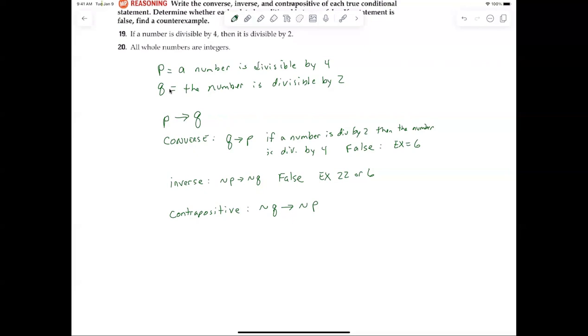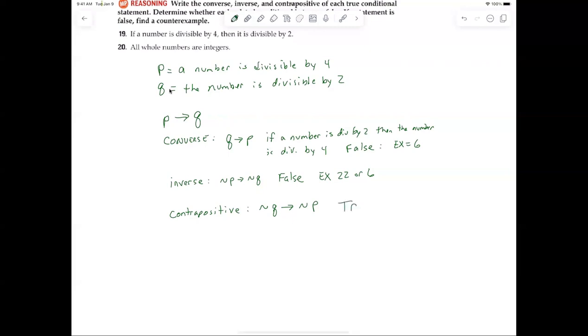Exactly. If a number is not divisible by 2, then it is not divisible by 4. And what are you saying about that? Yeah, I definitely say that's true.